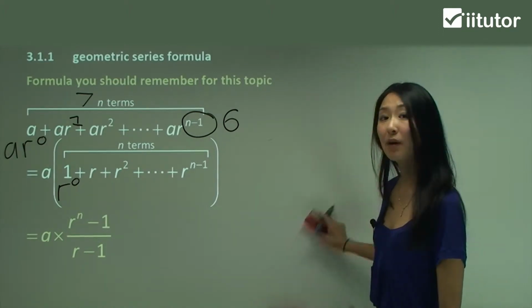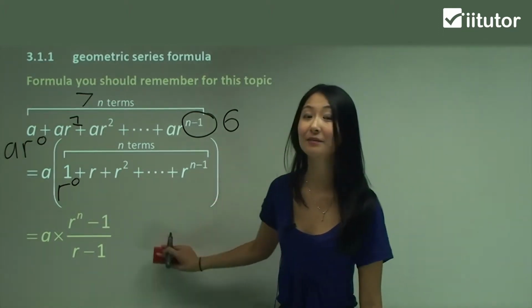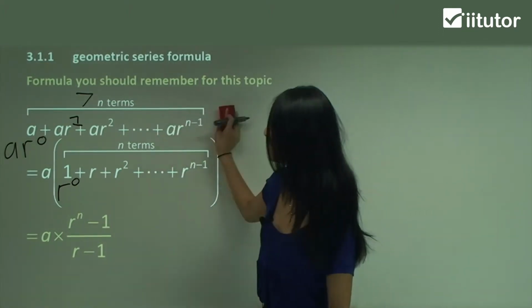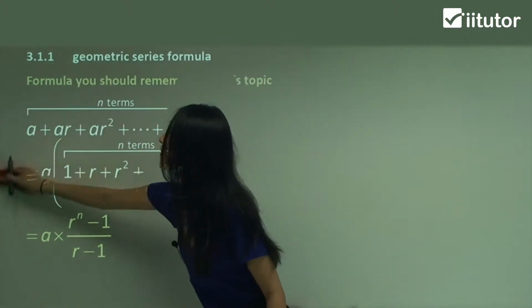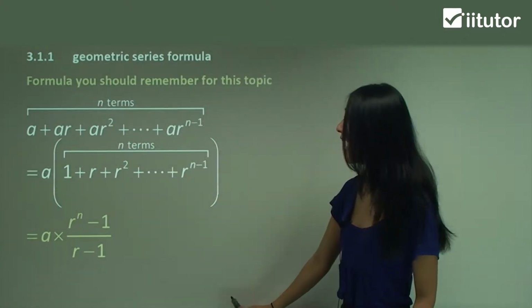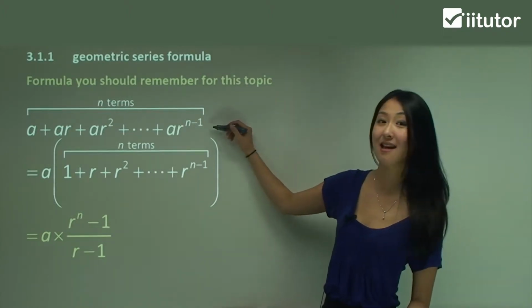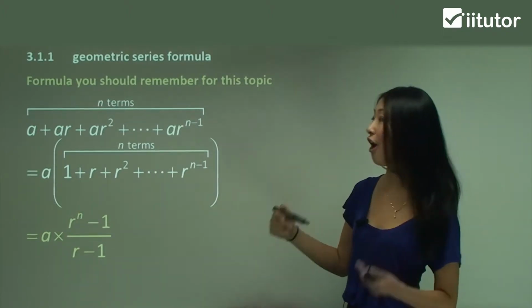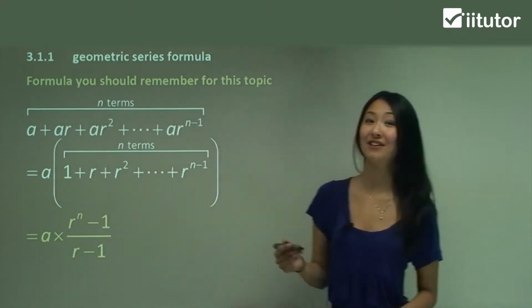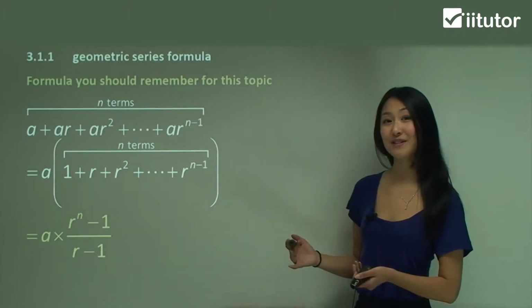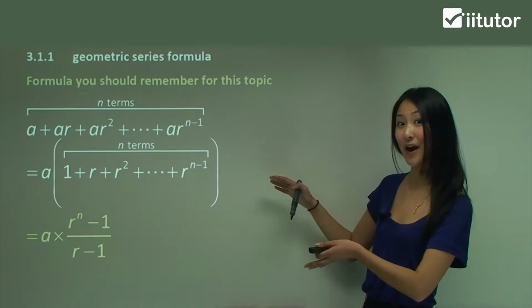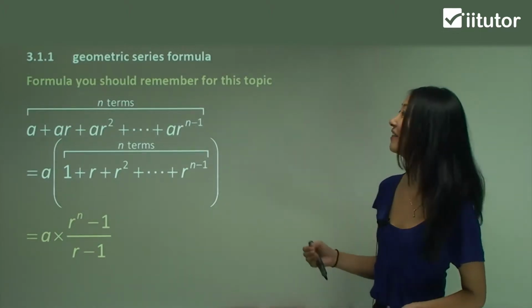So just remember what you're most familiar with. Okay, so I really want you to remember this equation, as well as the fact that even though it's n minus 1 here, there's n number of terms because there's an r to the power of 0 there. Alright, let's work through some questions now which use this equation so we become more familiar with it.